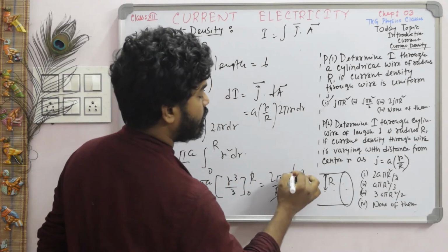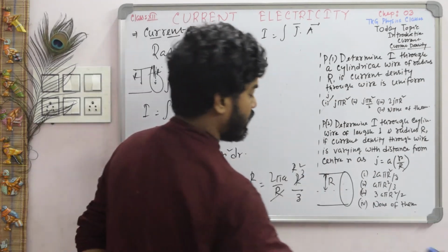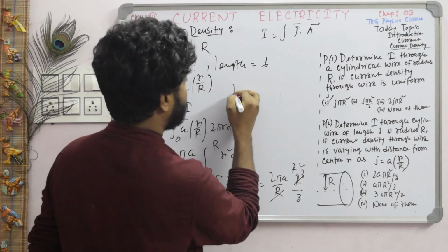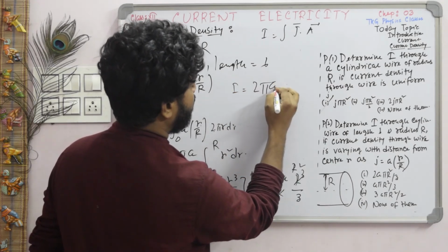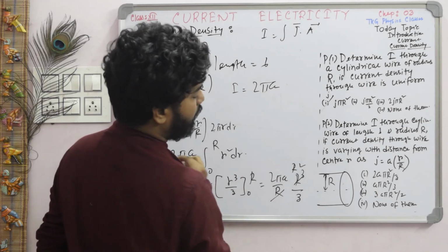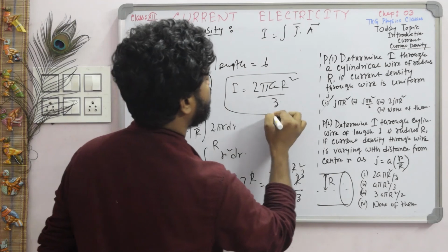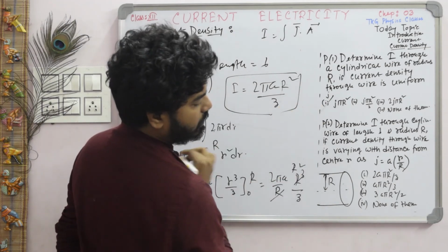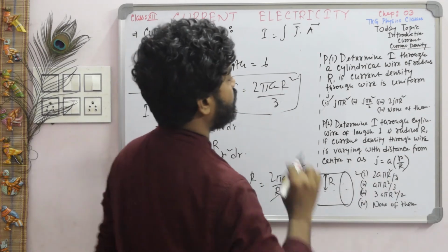So one R will be cancelled out, this one is R square. So the final form, I, becomes 2 pi A R square by 3. This is the total current, and there is an option, this one 2 pi A R square by 3, the first one.